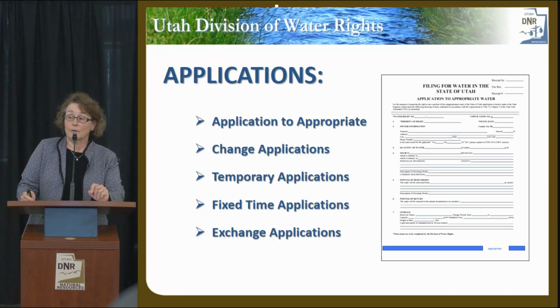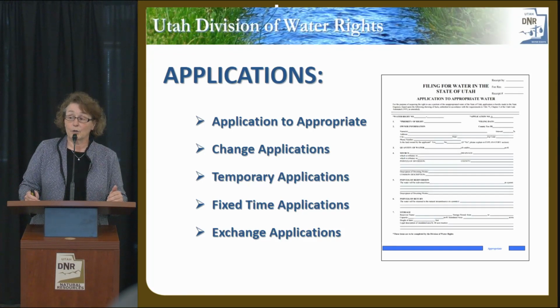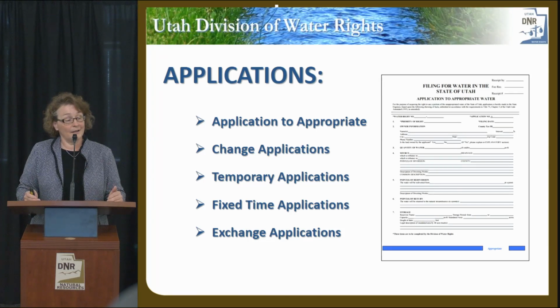Those are our three most common applications that we do see in the division. But applications to appropriate, all of the decisions that we make that come out of the state engineer's office, there is a legal framework within Utah code that guides us in how we are to look at applications.